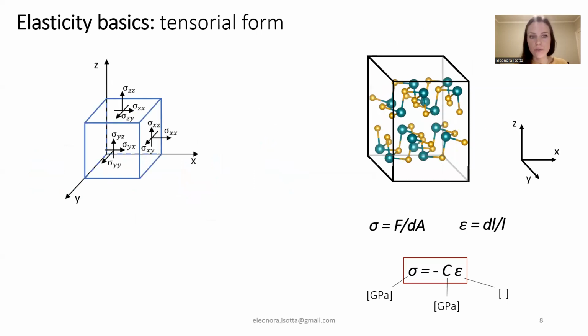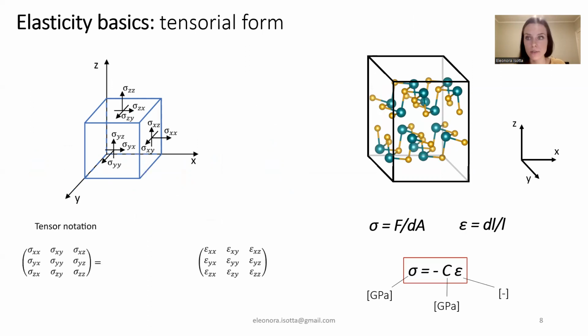But in general, the problem is way more complicated than that. So in order to define a random elastic state, we actually need a tensor. And this is because the stress that we can apply in a material will depend on the surface where it is applied. And for every surface, it will have three components in the three directions.